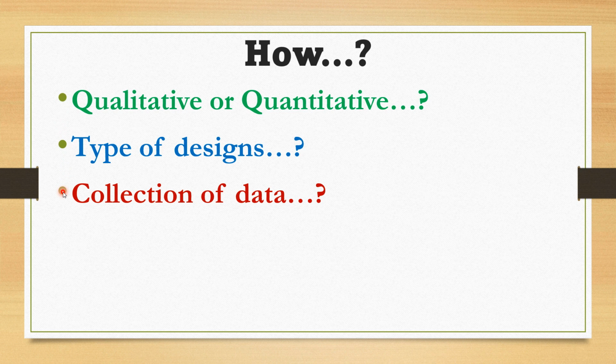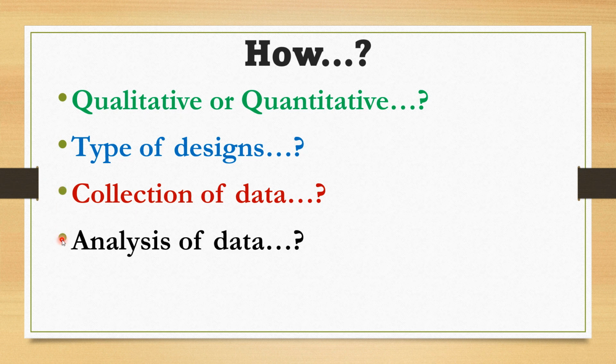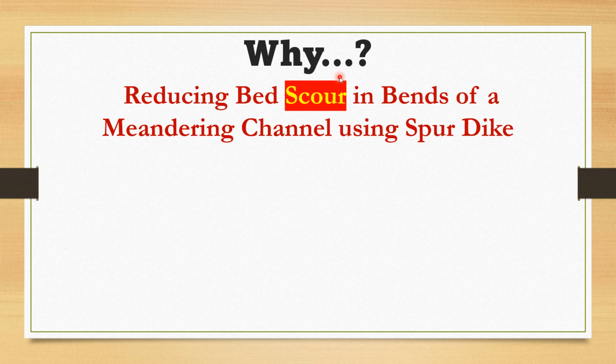Once you have collected your data, then the last thing is the analysis of the data. This collected data will be analyzed according to your requirements, that is, what type of results you are expecting from your data. For example, when I took this project, my supervisor told me that for your scour calculations you have to draw different contour profiles.